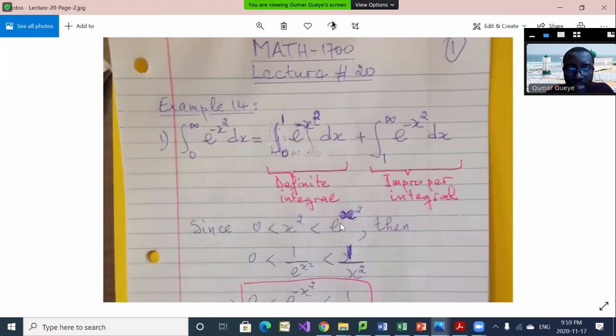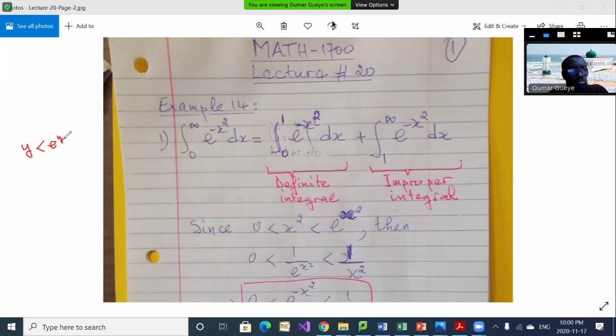I'm just going to incorporate here an exponential function and a power function. And we know the exponential function is faster and greater than the power functions. So since I have x squared here, I said x squared is less than e to the power x squared, because we know this: for all y, y is always less than e to the power y.